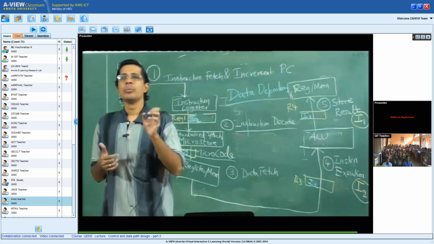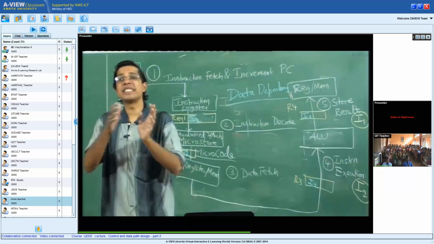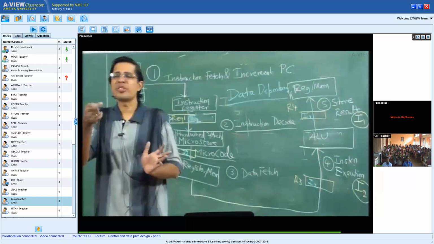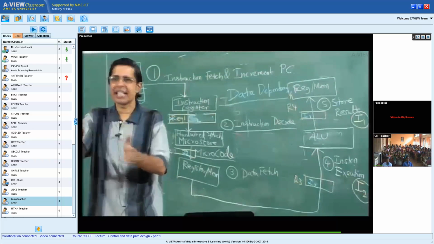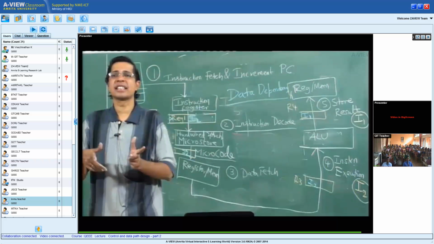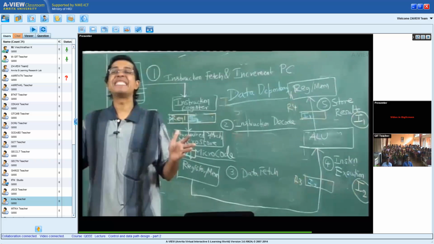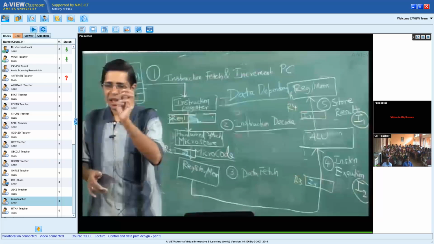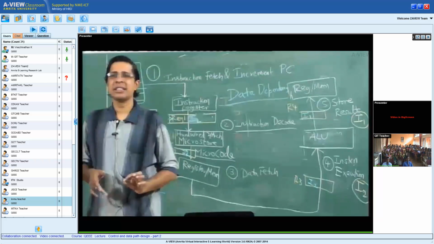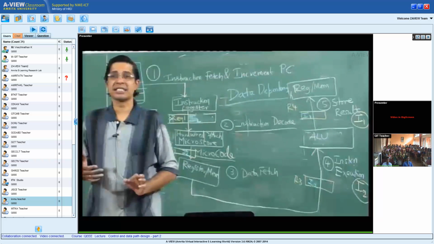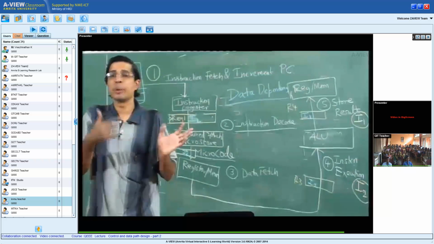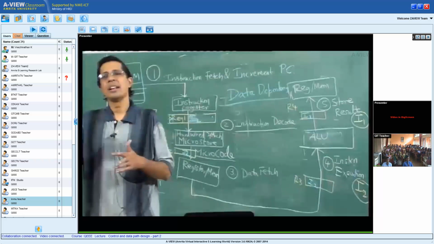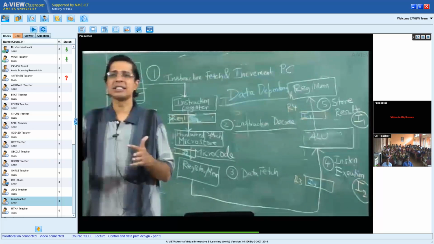Suppose the latency is L. If I fetch one instruction, then disconnect from the memory, then fetch the next instruction, it is going to be 6 into L. But now if I establish the contact once and then fetch all the 6 instructions, keep them in one buffer and use them one by one, then my latency becomes only 1L and other instructions can just go on.